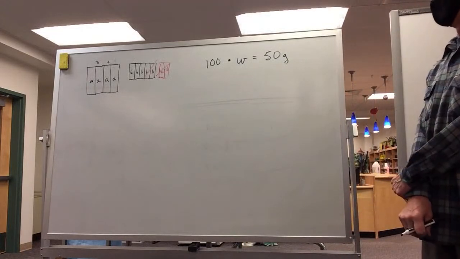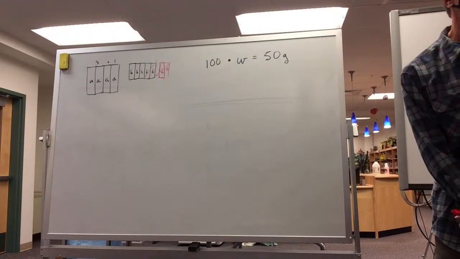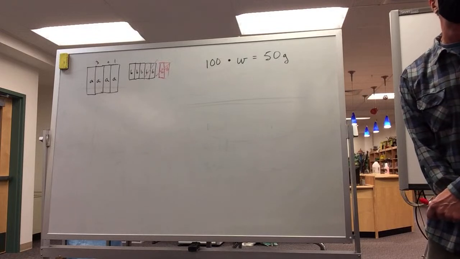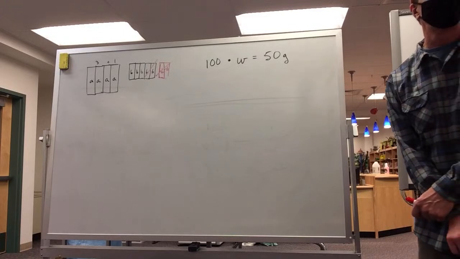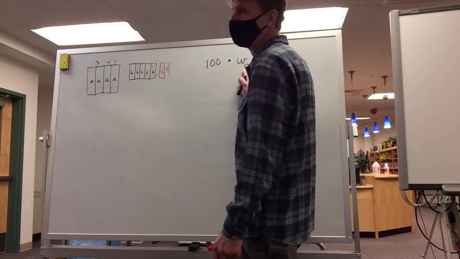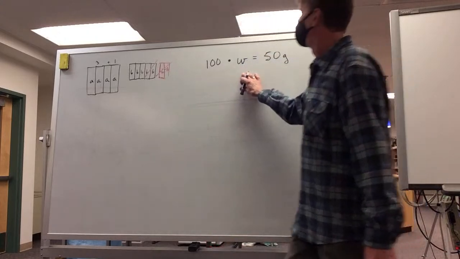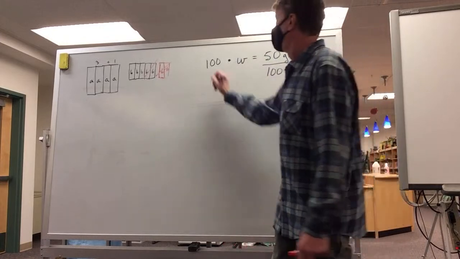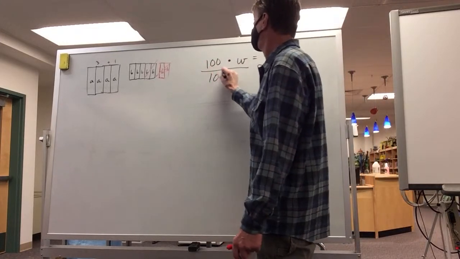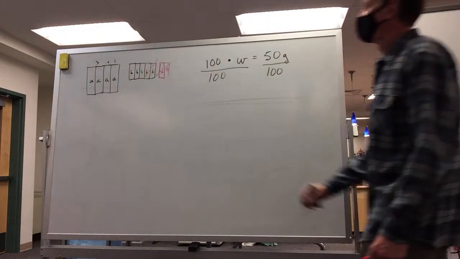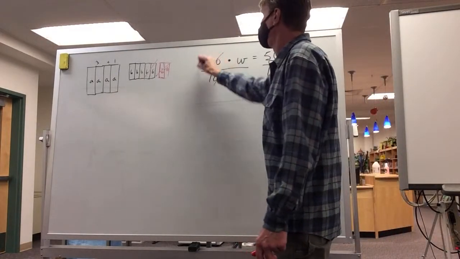Okay. So then what are we supposed to do? Divide 50 by 100. Just do the opposite of multiplication. So we would take 50 divided by 100, and we would also do 100 divided by 100 on this side, because 100 divided by 100 is just 1.